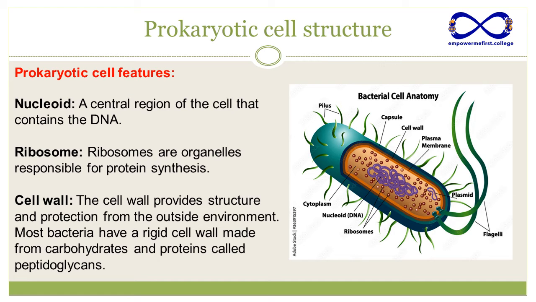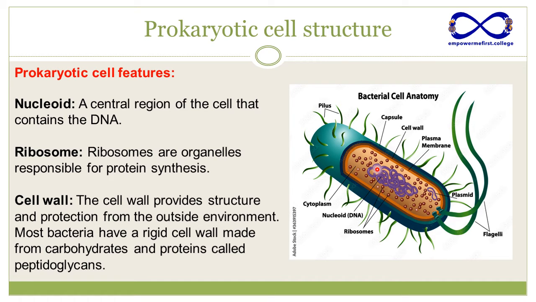Now let's focus more on the cell structure and analyze together the characteristics of the prokaryotic cell. There is presence of the nucleoid, and the nucleoid is a central region of the cell that contains the DNA. So this region inside the prokaryotic cell is called the nucleoid.